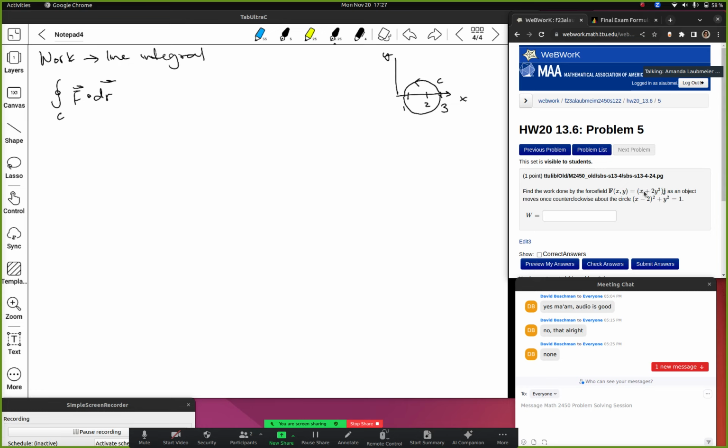But if I integrated this with respect to y, I would get xy out of it, which means that when I take the derivative of it, I should have a component y in the i hat component. But since I don't have that, I know that this isn't going to have a potential function. So if I saw this problem out of context, that's how I would know I can't do the fundamental theorem for this problem. And that leaves me with Stokes as the easiest way to do it.